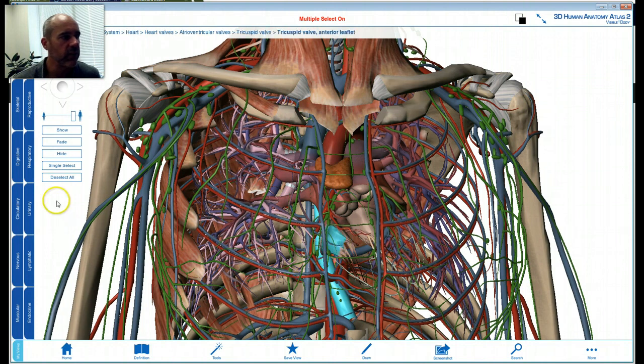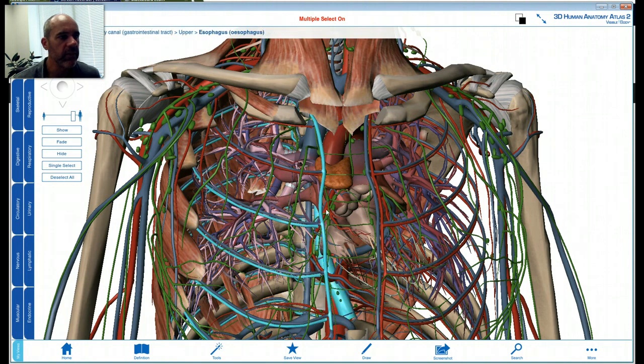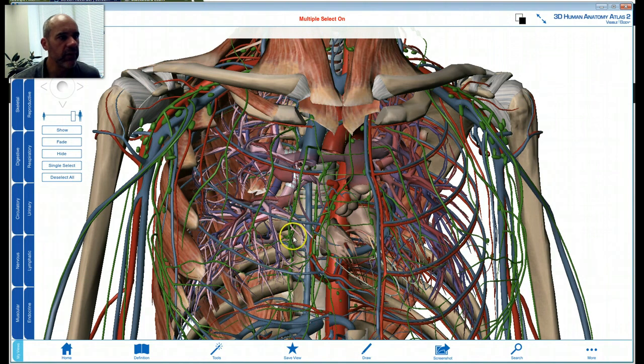And oops, let me deselect everything. I'm going to strip off some other structures here so we can see it a little bit better. Hide all of those. Oh, I didn't even realize I'd highlighted the esophagus there.